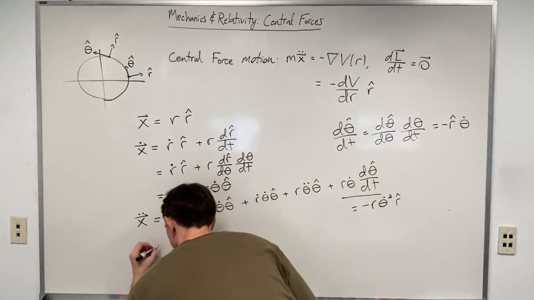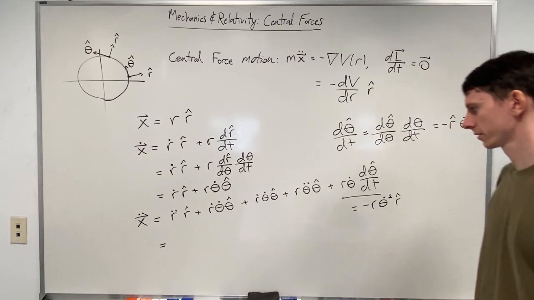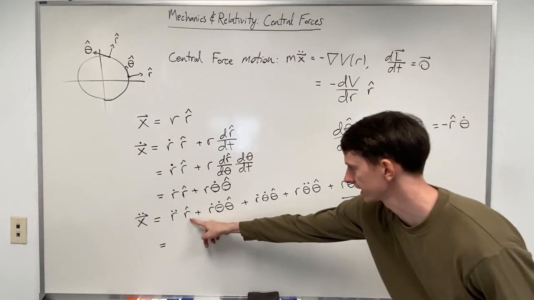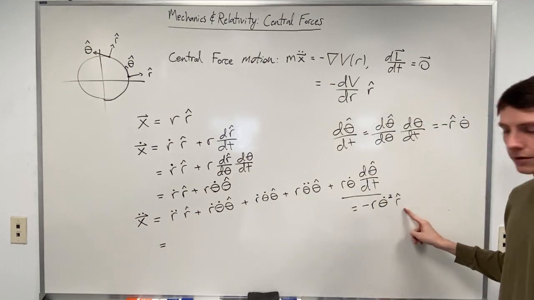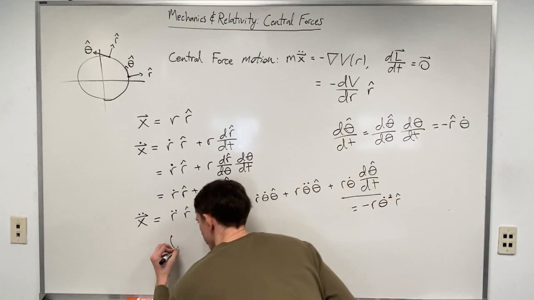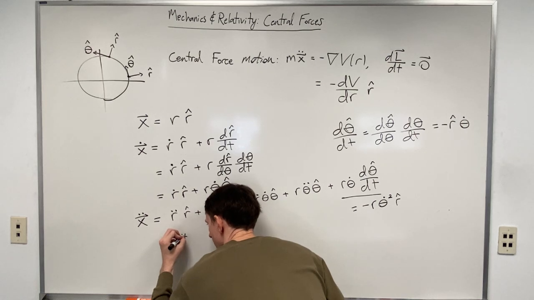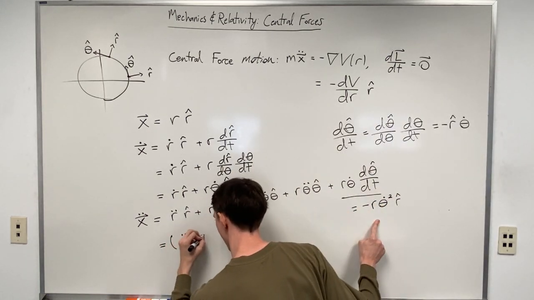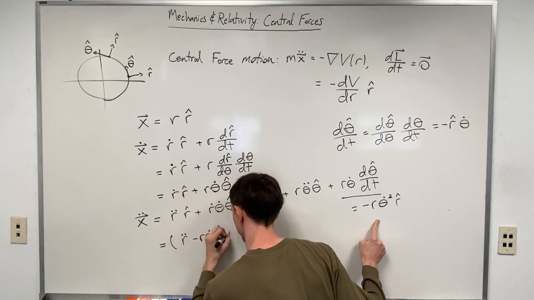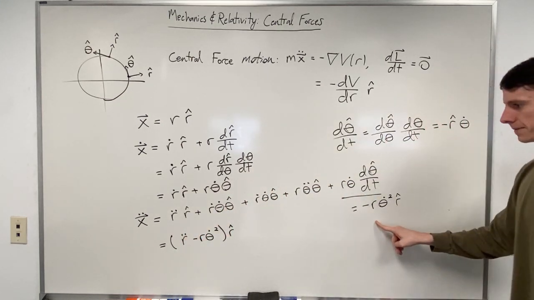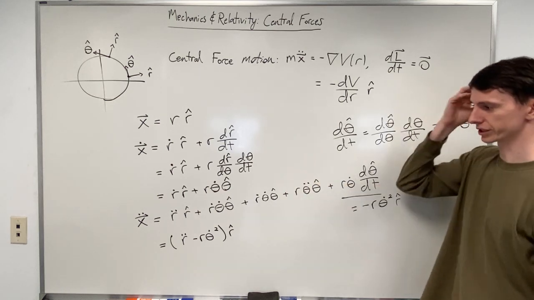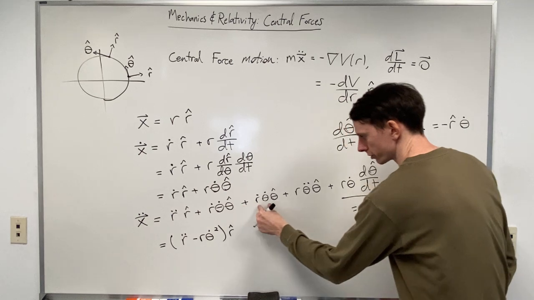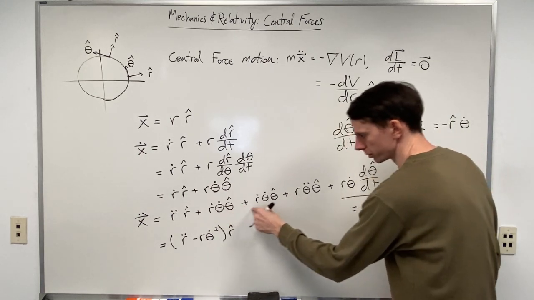So when we do this, we're going to first group the r hat terms together. Out of the 1, 2, 3, 4, 5 terms, it looks like this has an r hat, this has an r hat. So let's collect those together. Doing that's going to give us r double dot minus r theta dot squared, times r hat. All right. Those are the two terms for the acceleration vector that have r hat. Now for the theta hat terms, we have 3 terms here, but these 2 terms are the same thing, right?